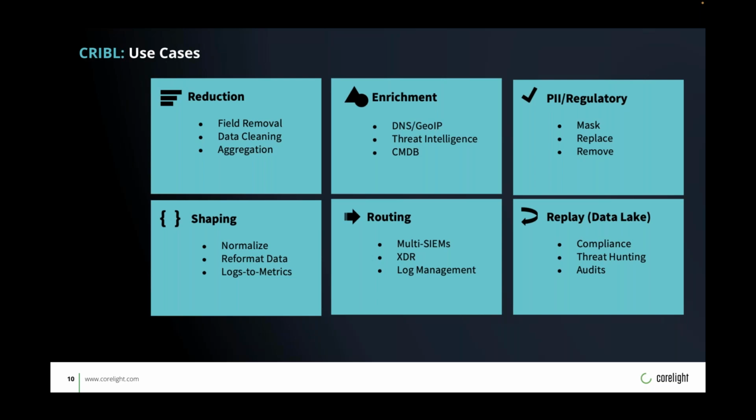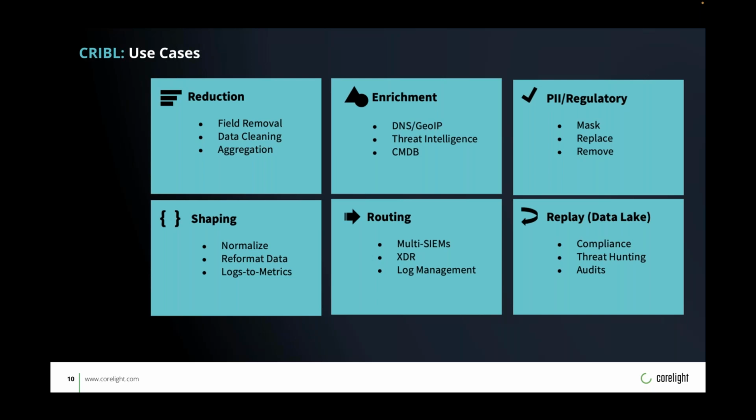last point for me, which is the replay that you saw on the previous picture when I mentioned the data lake. So what we do is send this data into a data lake. Say, for example, we trimmed the data, reduced it, filtered out the noise, cleaned white spaces, aggregated data. But in some cases you say, you know what, I don't want to lose the high fidelity raw copy of the data.